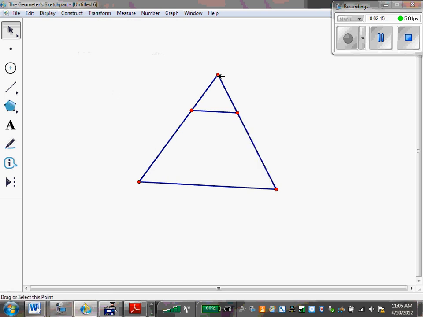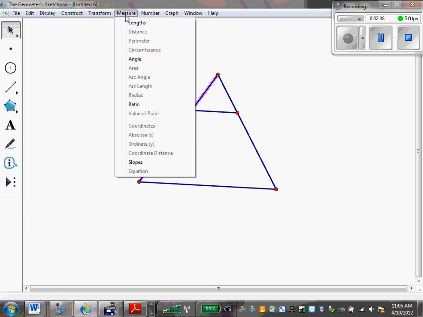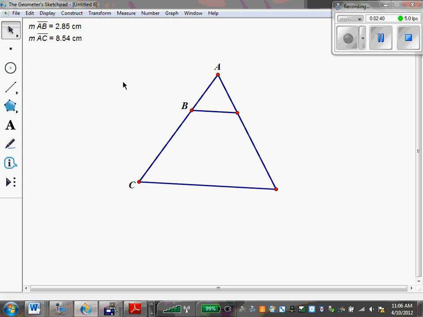Okay, now I'm going to make some measurements. So I am going to measure this segment, that segment, this, oops, I don't want the whole thing to highlight. Maybe I'm going to have to do them individually. There we go.